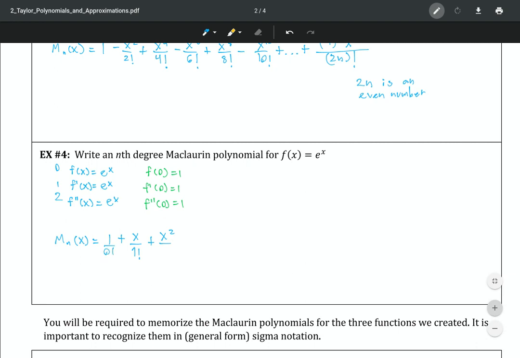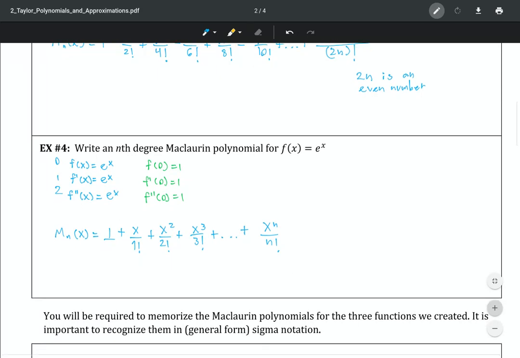This is like 0 factorial, even though we never write that, and again, 0 factorial is 1. And then, if I keep going, I would have x cubed over 3 factorial and so on. So this one, I think the nth degree Maclaurin would be a lot easier to see, right? Where I can write it as x to the n over n factorial.